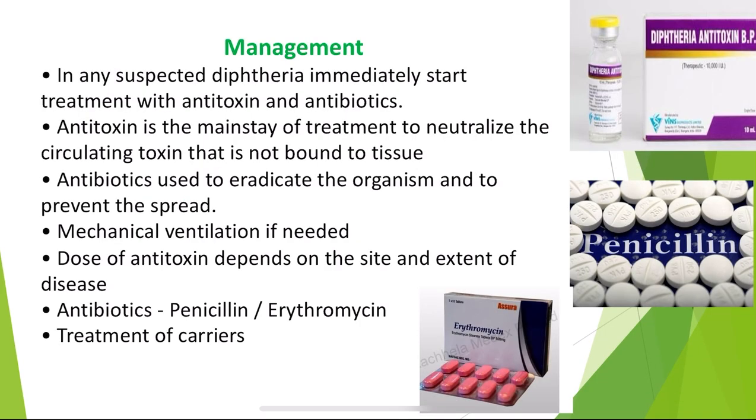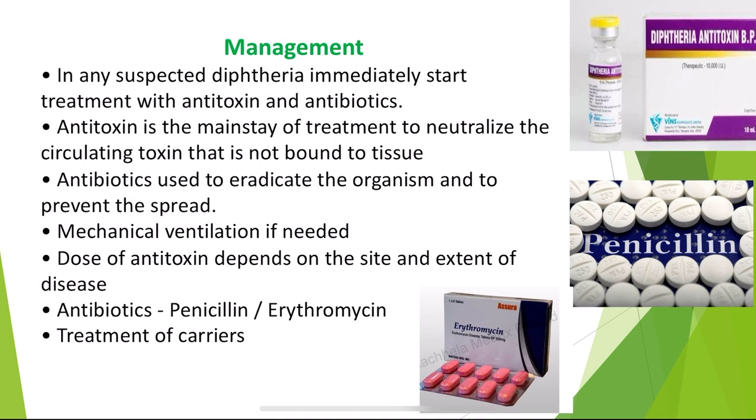Moving further to the management. If diphtheria is suspected, immediately start treatment with antitoxin and antibiotics like erythromycin and penicillin. Antitoxin is the mainstay of treatment, neutralizing the toxin that is not bound to the tissue. Antibiotics are used to eradicate the organism and prevent the spread.